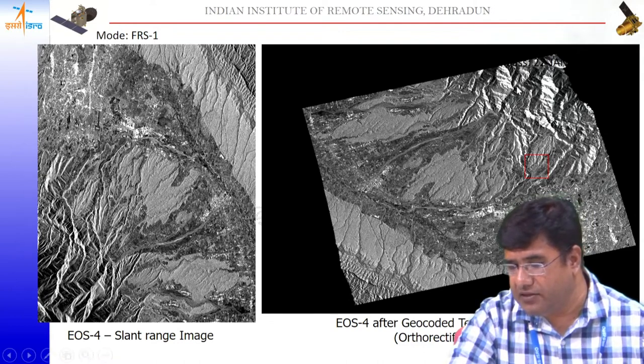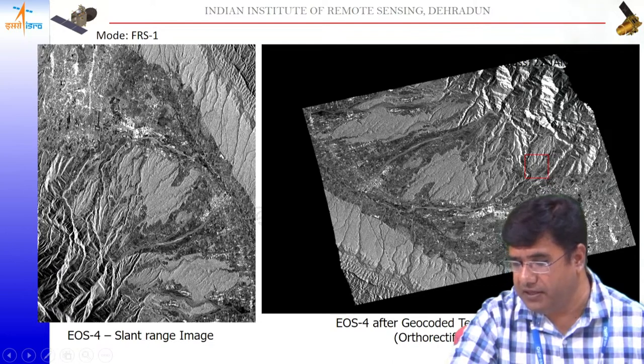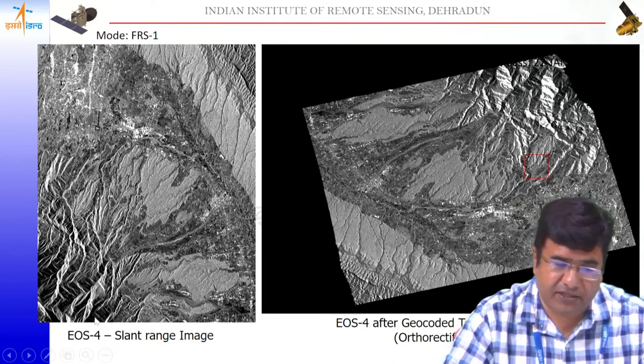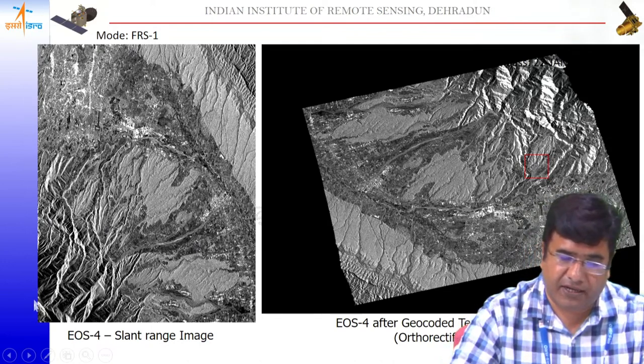You can see these mountains look like mountains in the SAR image too, but due to the geometrical distortion the shape of the mountains is not correct.